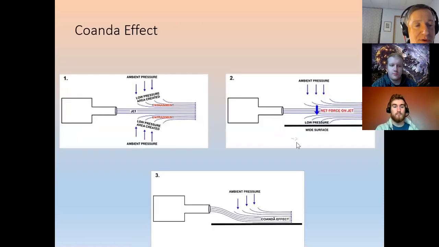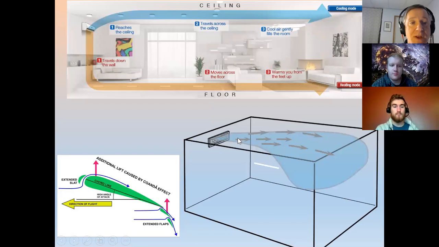Coanda effect, we talked about the low pressure section between a wall and an airstream that draws the air to the wall, and it can be used in a practical sense to transmit air or some fluid over a distance.